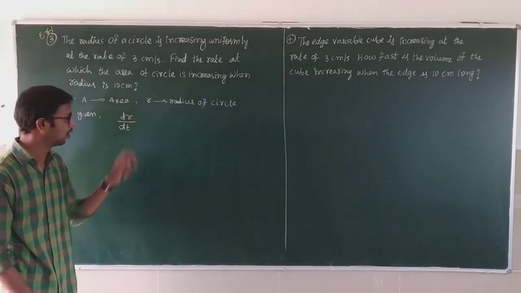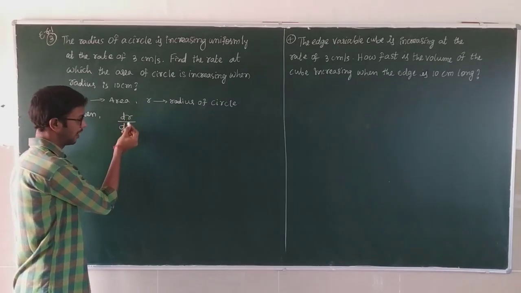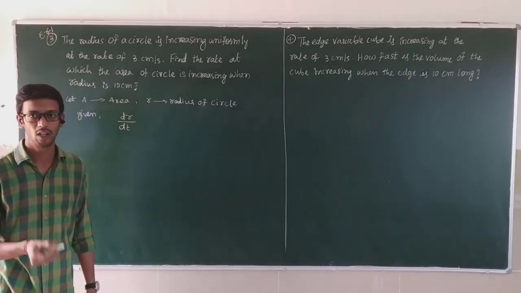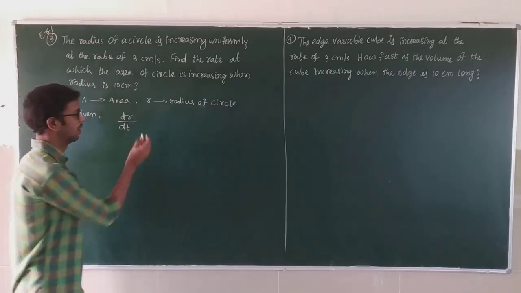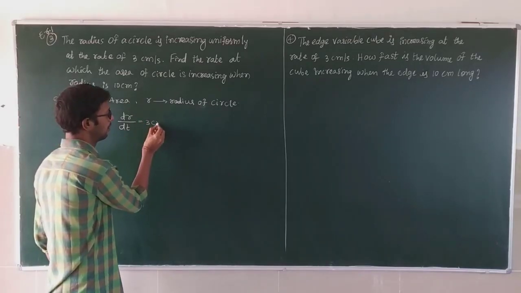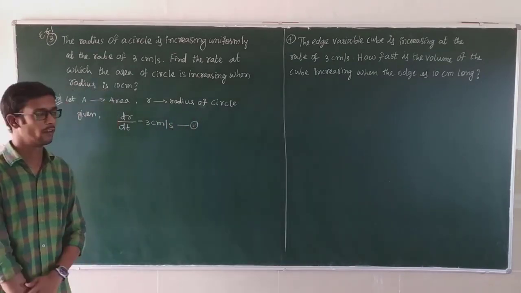The rate of change of radius with respect to t, dr by dt, is equal to 3 centimeter per second. Take this as equation 1.